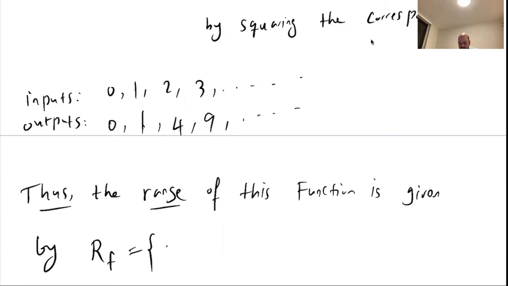R_f equals 0, 1, 4, 9, and so on. So these are the outputs. So the range is 0, 1, 4, 9, all the way to infinity. Okay.